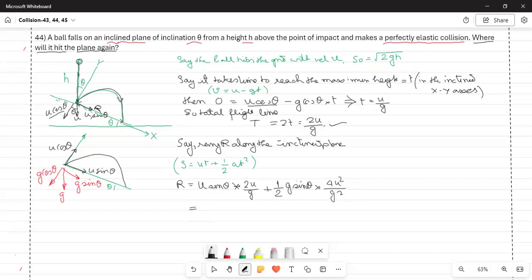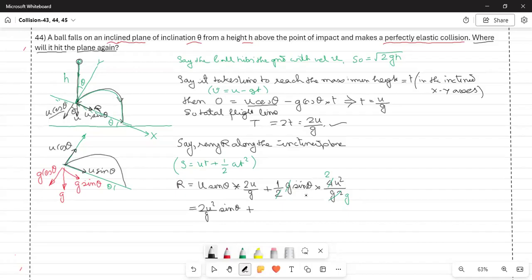This is equal to 2u square sin theta by g, plus here also the 2 and 4 get cancelled. We have 2 here. g and g square get cancelled, we are left with g here.